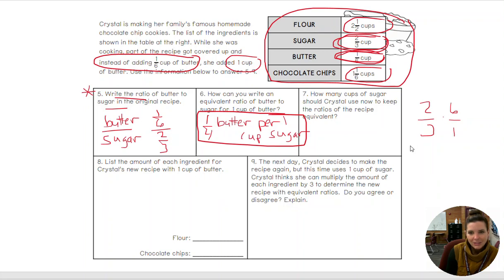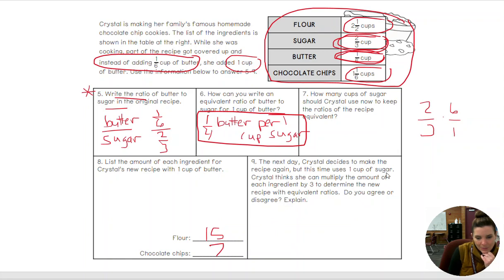So if we take the flour and we now times that by 6, we get 15. So she'll have to have 15 cups of flour. That's a lot of flour. And then the chocolate chips, we have to do 1 1/6 and times that by 6. And that would be 7 cups of chocolate chips. I think there's like a cup of chocolate chips in a bag, I think. And so that'd be 7 bags of chocolate chips.